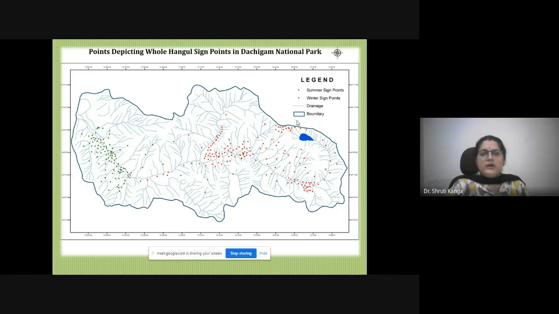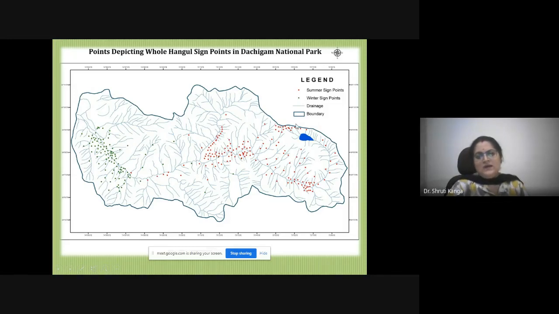Then these are the points depicting the whole Hangul sign points in the Dachigam National Park, where the summer sign points and the winter sign points of the Hangul have been demarcated. So red is showing the signs in the summer season, and the green one is showing the signs in the winter season.